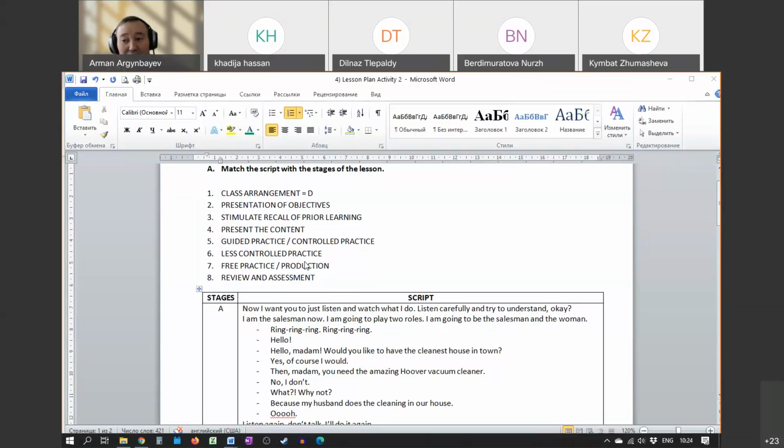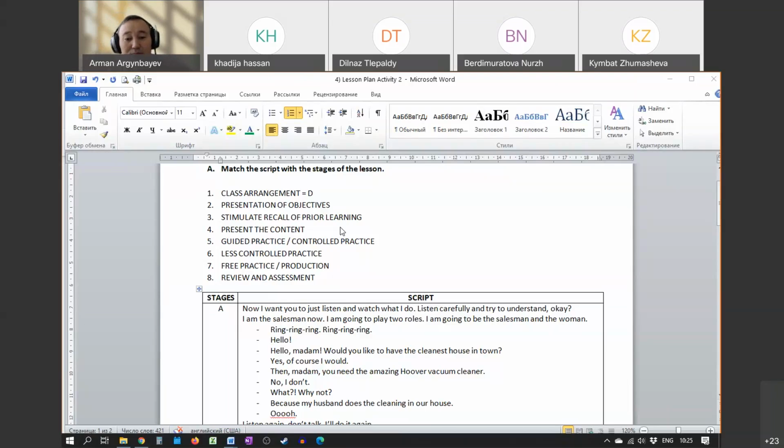Third, B? No, we don't have third. He doesn't recall or revise anything from the previous lesson. He starts the lesson immediately. Sometimes we don't need to revise. But it's a good thing if you do it, because if you go to school, they will always ask you this question: did you revise the previous material? And it is actually a good thing when you revise the previous material.